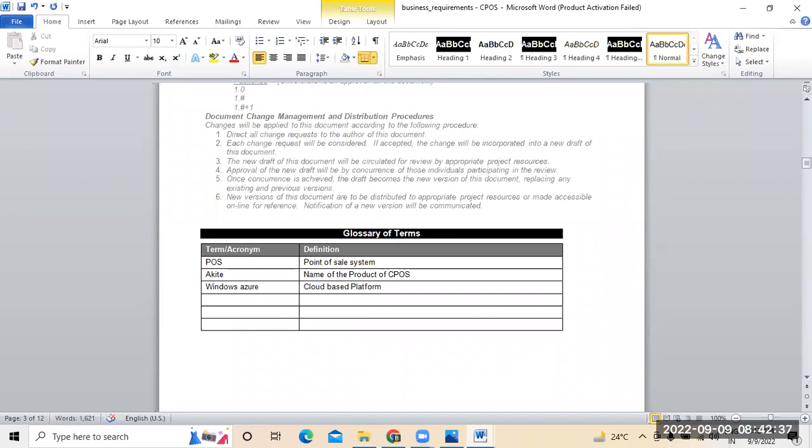Whichever domain this belongs to, those terminologies will be written. As I have taken a retail project, I'm writing the terminologies in reference to that. So POS system, Ekite, Windows Azure: these are the terminologies mentioned under the glossary of terms. If there are any more, we can write them down.